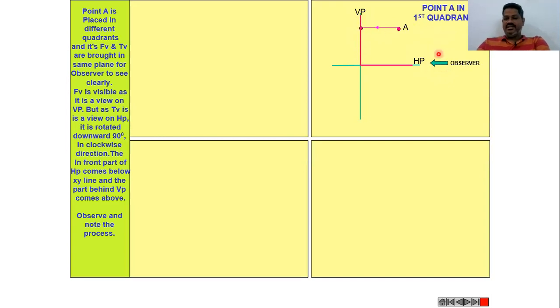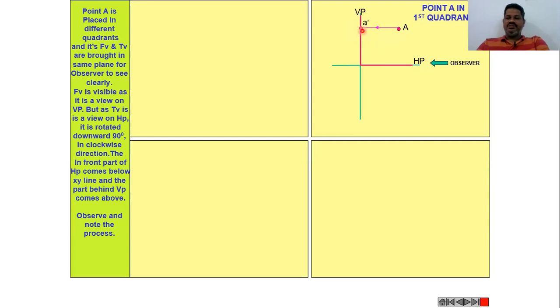As I told in our first slide, the observer must be perpendicular to the reference plane. In this case, the observer is perpendicular to the reference plane, here the vertical plane. When the observer observes from here, the point will be projected onto the vertical plane like this.